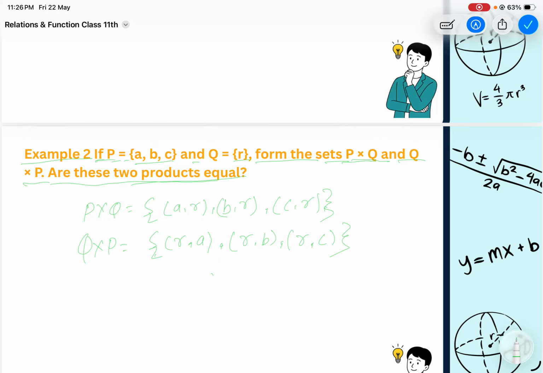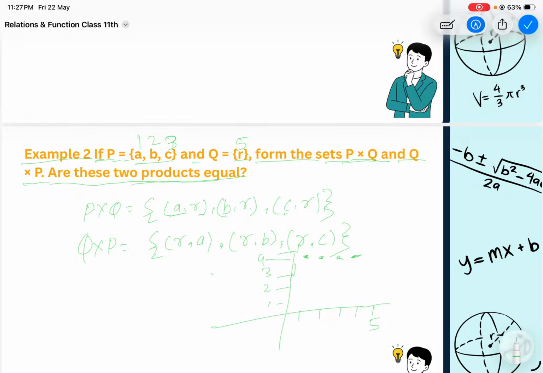Suppose we take the numbers 1, 2 and 3, and here we have 5. So suppose 1, 2, 3, 4 and 5 here, and 1, 2, 3, 4 and 5 there. So (1, 5), (2, 5), and we have (3, 5) only.